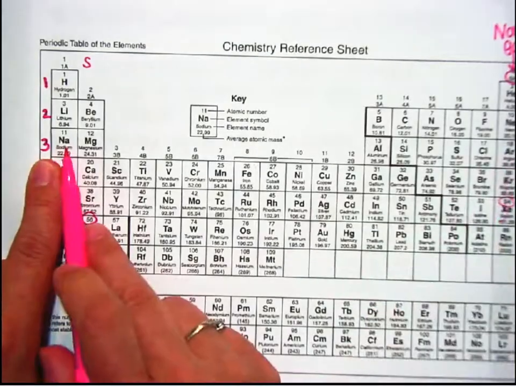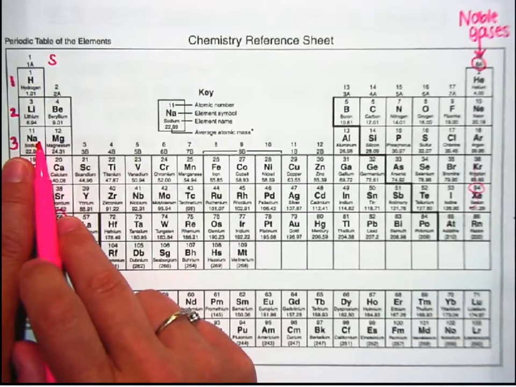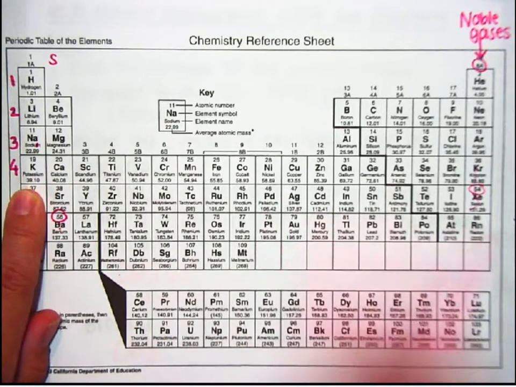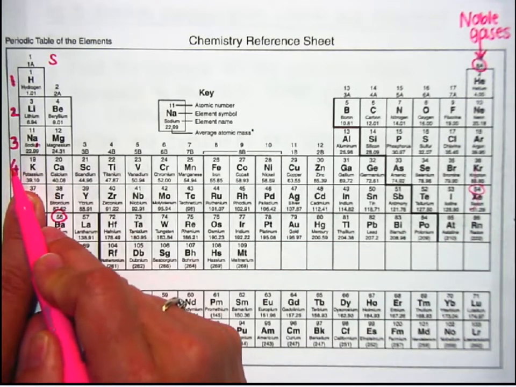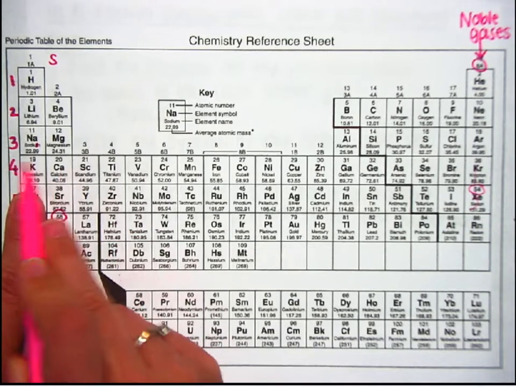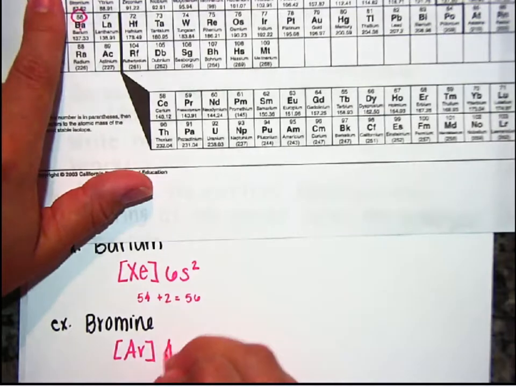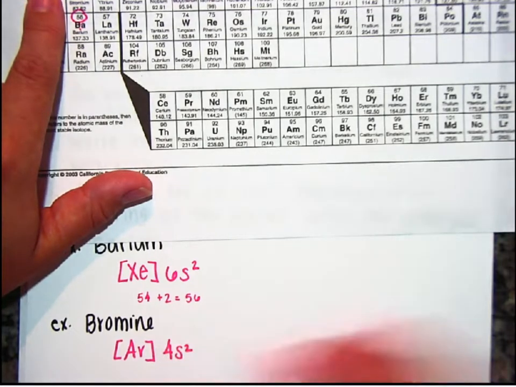Argon is in period 3. So we're now going to start writing our electron configuration at period 4. This is the 4th energy level of the S block, and S can hold 1, 2 electrons. 4s2.